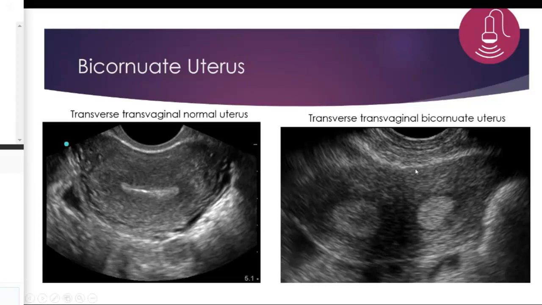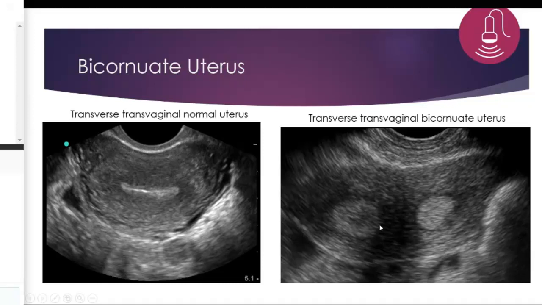So transverse, transvaginal. So myometrium, hypoechoic area. And then we can see those two endometriums here. So this is that endometrium on the patient's left side and the endometrium on the patient's right. So as you scan through, you start with an endometrium that looks like this, so it's connected.